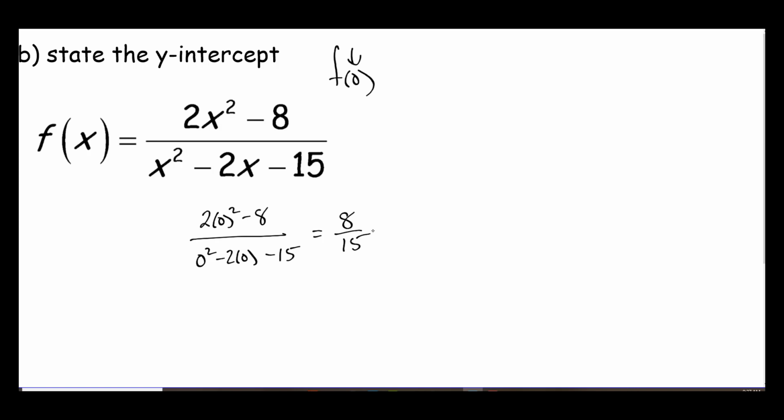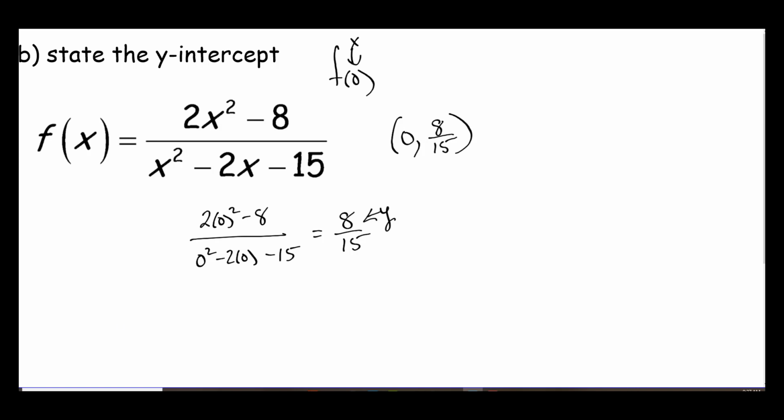And that's okay to have a fractional value. We'll just estimate where that falls on the graph. This is very close to 1/2, so you just go a half a box. But remember, we're writing a coordinate here. This is the x value of your coordinate, so we say 0, and then this is the y value of the coordinate, so 8/15. Okay, we want to make sure we have that as we move forward.